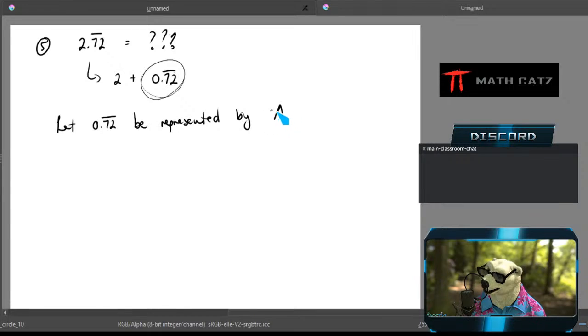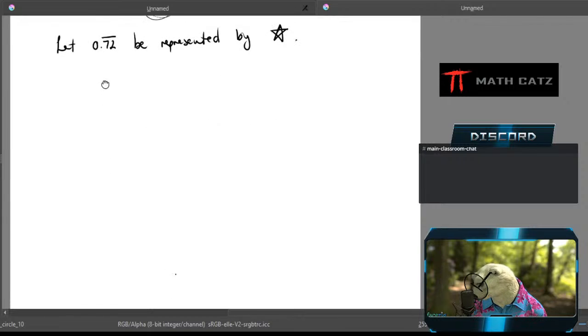We made it a star, let's be consistent like that. Now behind the star is the fraction version of this, and I'm trying to figure out what that is. All right. So my star symbol equals 0.72 repeating.